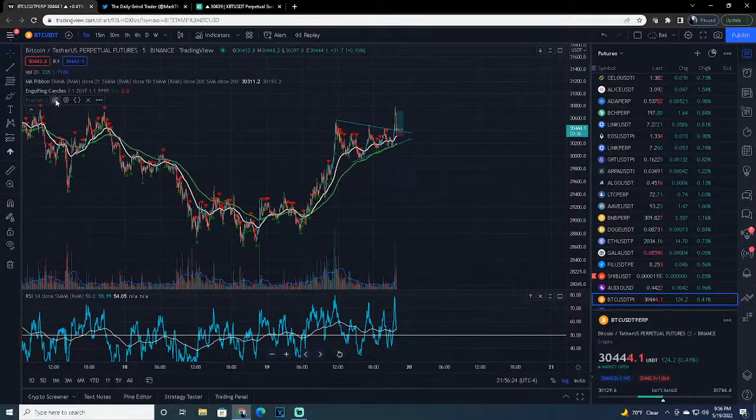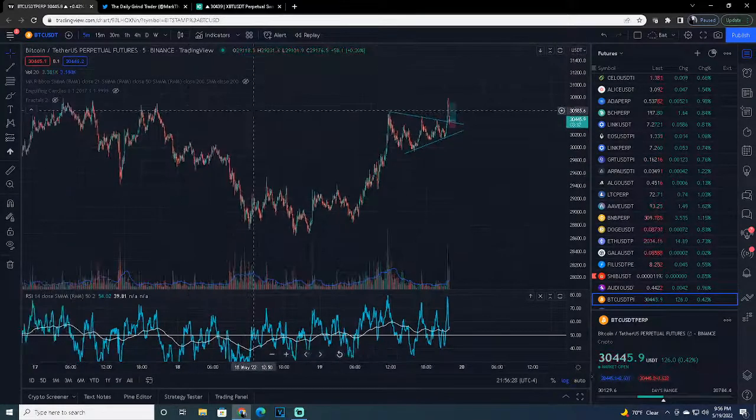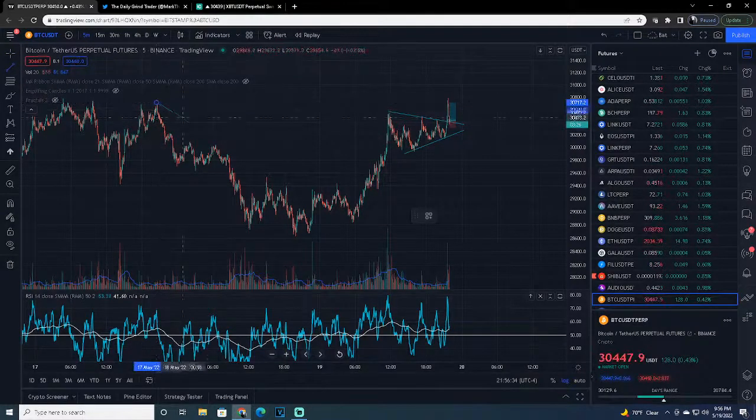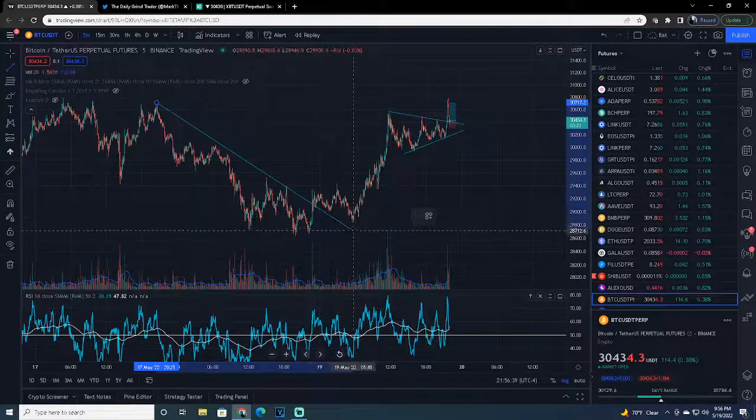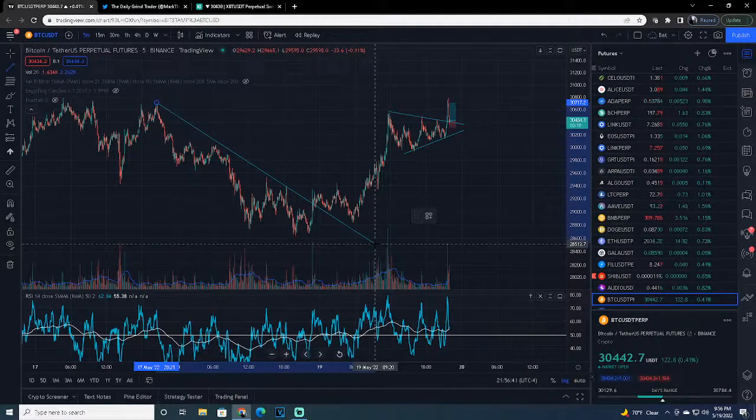And I like doing this with a clean chart with no moving averages and stuff. Nothing really on there. I'm going to hit a trend line. I have this easily identified downtrend.